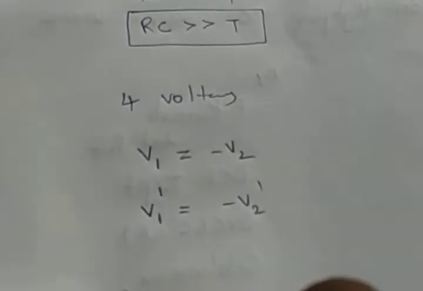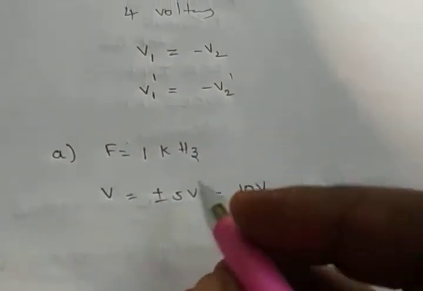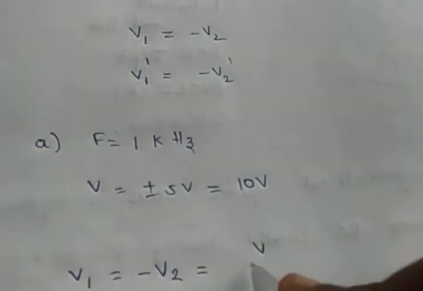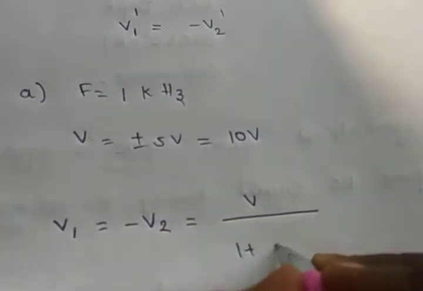So what will be the frequency? f is equal to 1 kilohertz and the voltage is plus or minus 5 volts, that will be 10 volts. Now we have to calculate the value of V1 and V2. V1 equal to minus V2 which is equal to V by 1 plus e power minus T by 2RC.